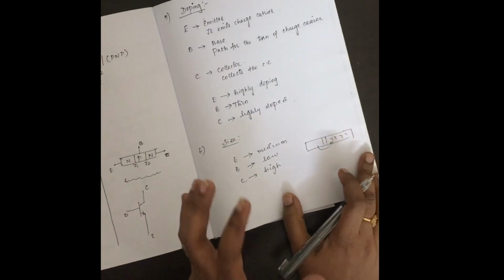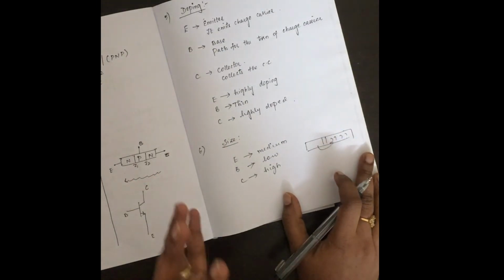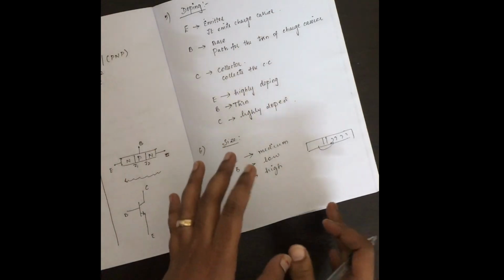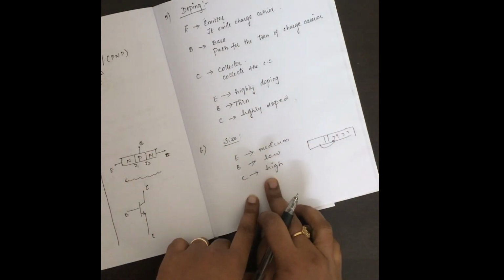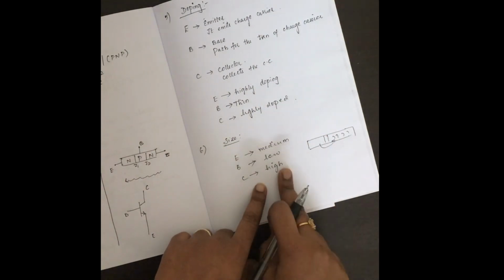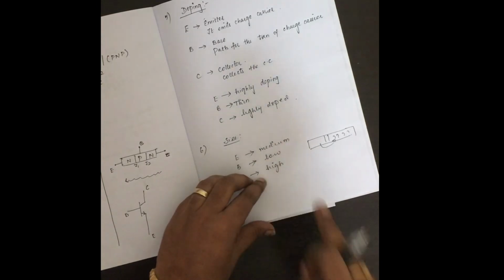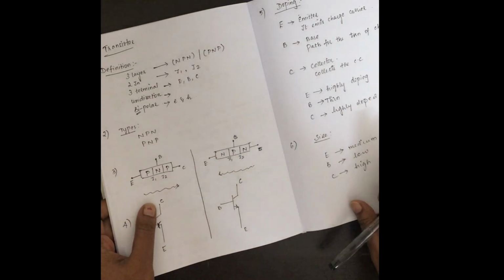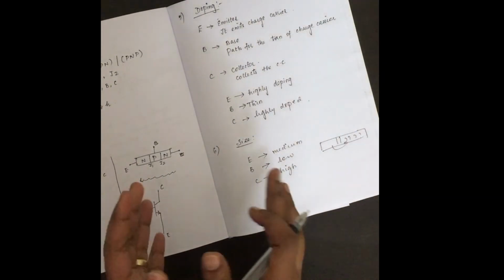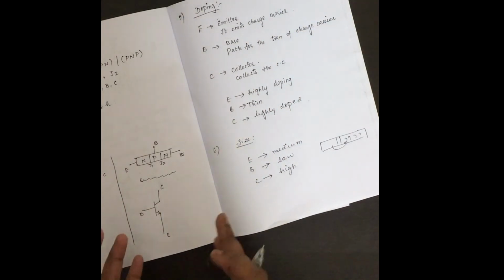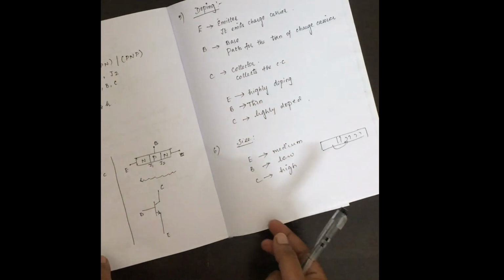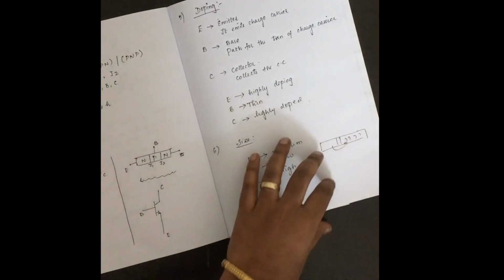So it requires more space to accept the charge carriers. That's why the collector space is very high and the base is low, and emitter is medium. Because for medium, it just requires a space for transmitting. It doesn't have to hold it. Whatever charges it gets, it has to transmit, so it requires medium space. Only collector requires high space. It has to collect whatever charge it is getting.